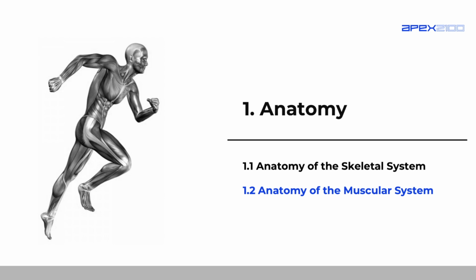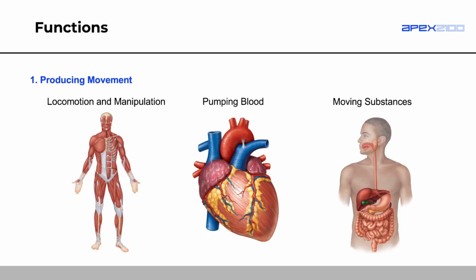So firstly, we're going to start off with the function of muscle. And there's a few different functions, but probably the most important one is producing movement. So our skeletal muscles produce movement in terms of locomotion and manipulation. They're just fancy words for walking and moving around.